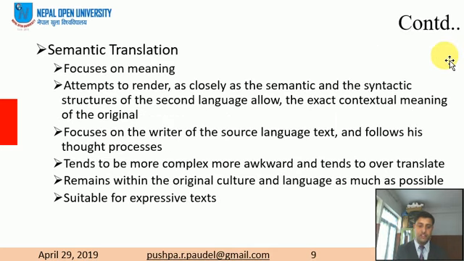Communicative translation attempts to produce on its readers an effect as close as possible to that obtained on the readers of the original. Semantic translation attempts to render, as closely as the semantic and syntactic structures of the second language allow, the exact contextual meaning of the original.